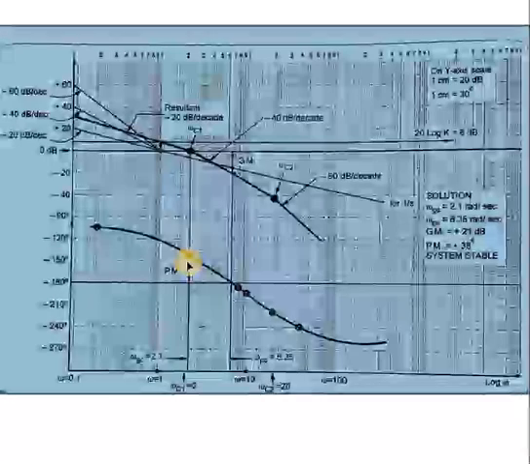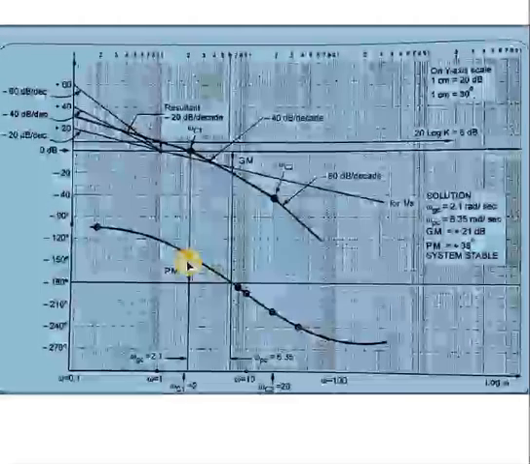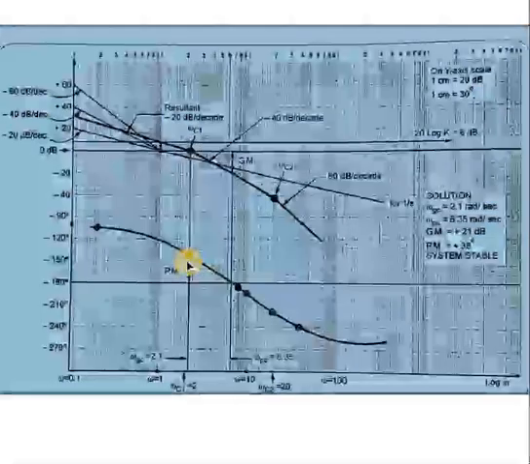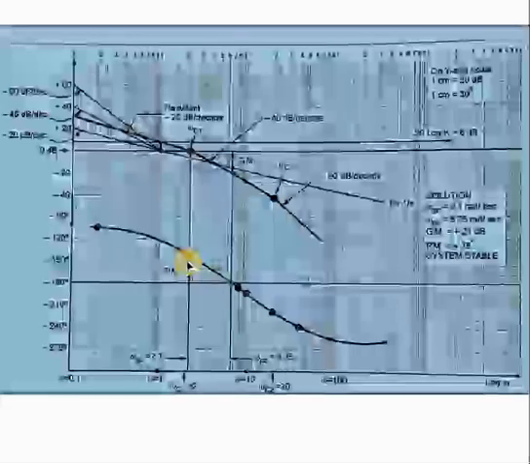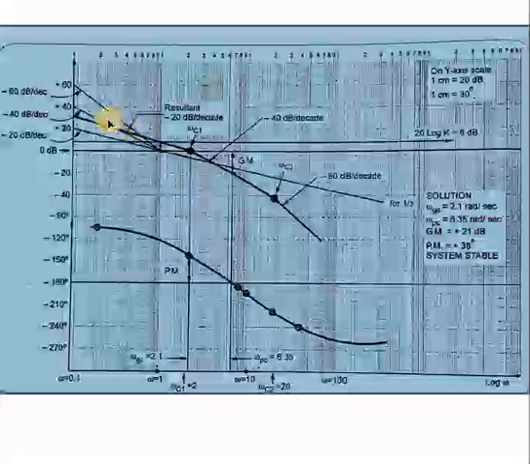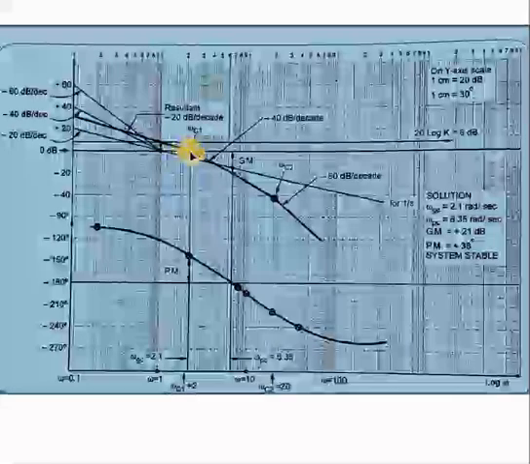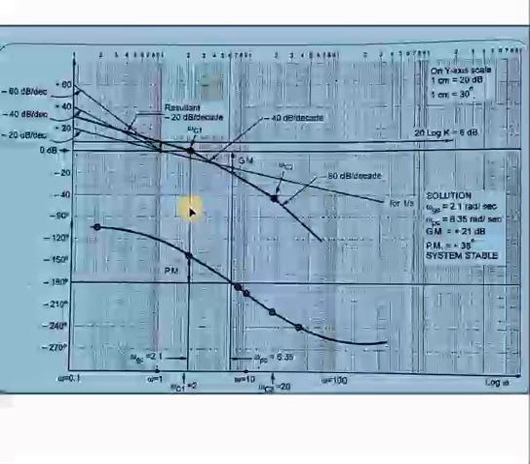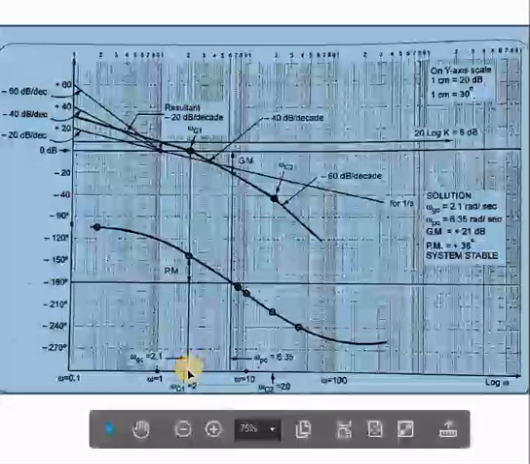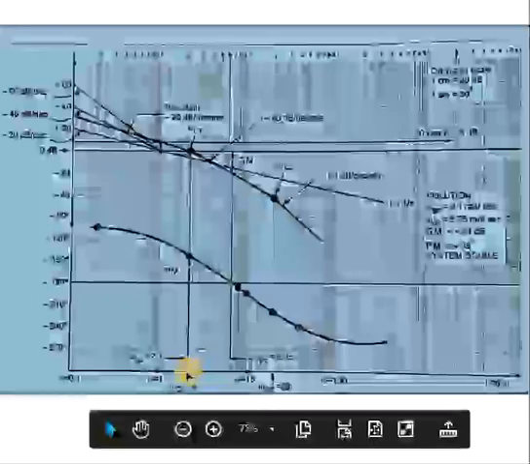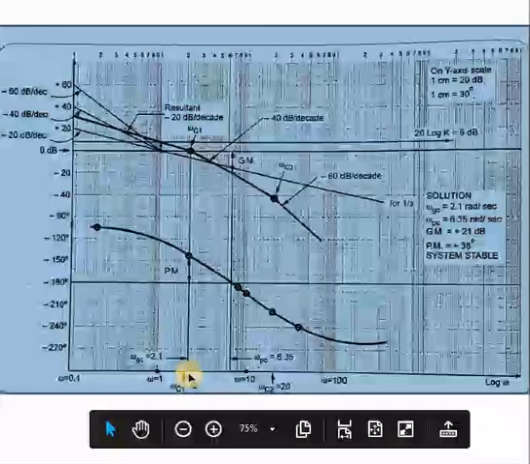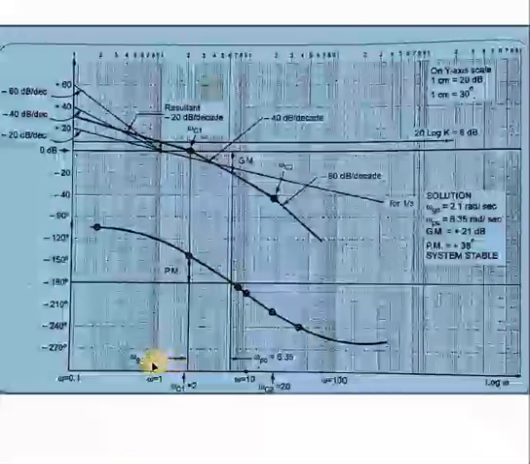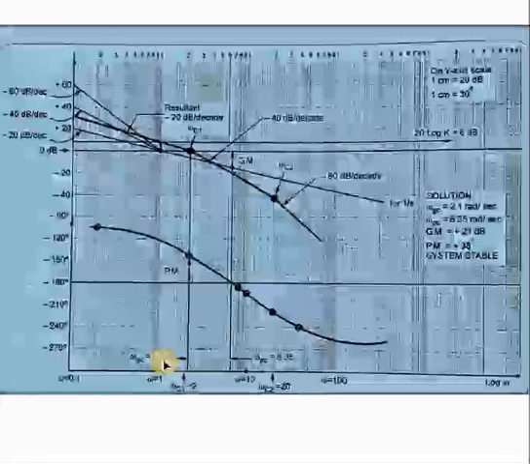After that, you need to identify the gain crossover frequency and the phase crossover frequency. Wherever this magnitude plot intersects the 0 dB line, from that point draw a vertical line up to the x-axis, and where exactly it meets the x-axis, that value is going to be your gain crossover frequency.